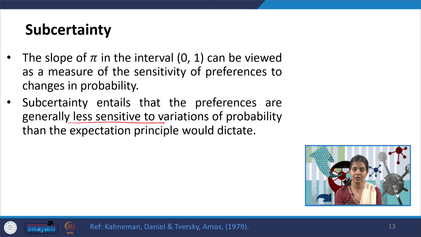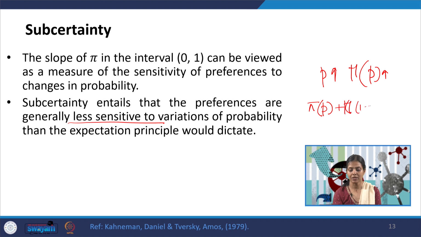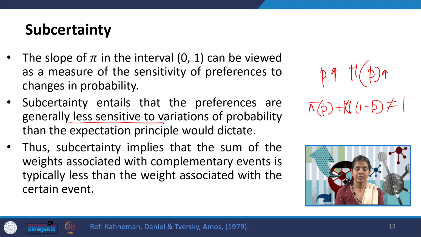As a result, when p increases, π(p) might not increase by the equal amount, or rather it increases by a smaller amount, and that is why I might not have π(p) plus π(1 minus p) equal to 1. This does not happen. Thus, subcertainty implies that the sum of the weights associated with complementary events is typically less than the weight associated with the certain event.